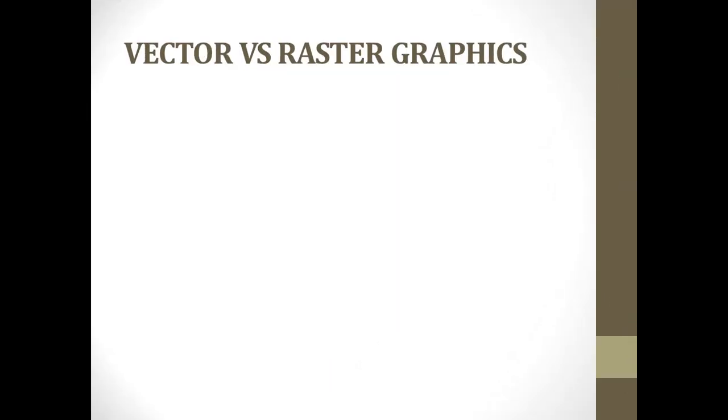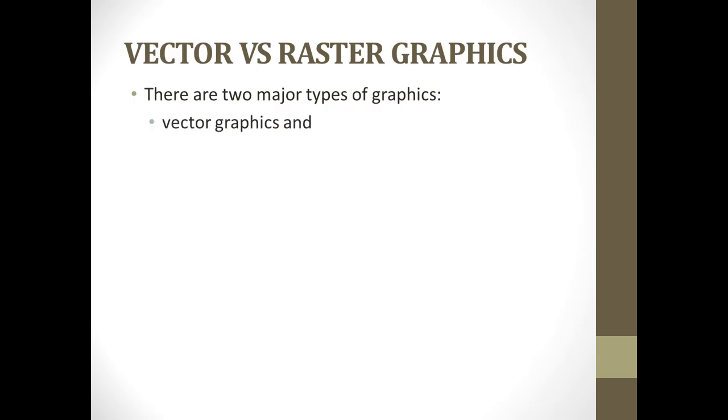Let's look at these two common terms, vector and raster graphics. There are two major types of graphics. We have the vector graphics and the raster graphics.